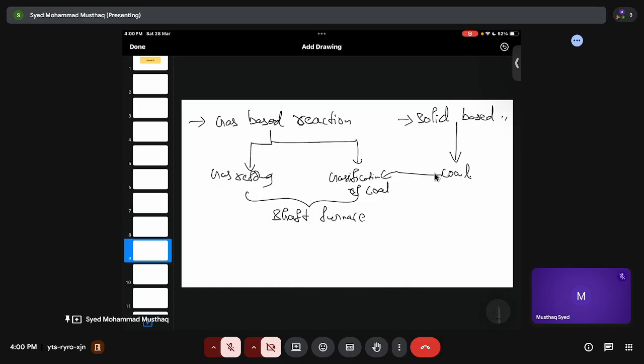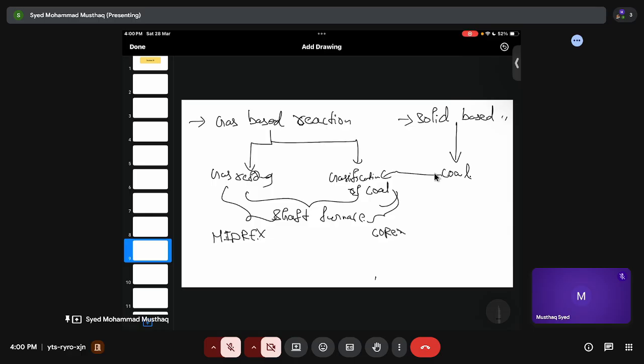One is coming from these two, which is the Midrex process. And if we use the gasification of coal and the combination of gasification of coal and shaft furnace, then that is called the Corex process. There is another process also which is called an underground process, which will come in a bit.